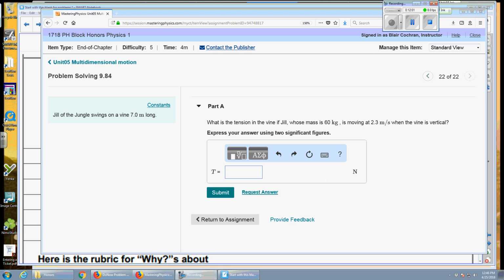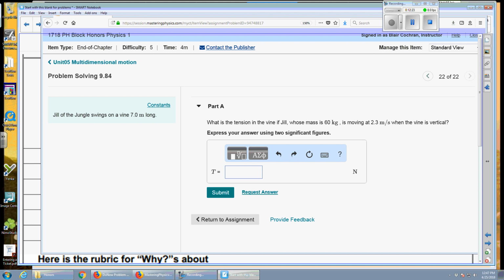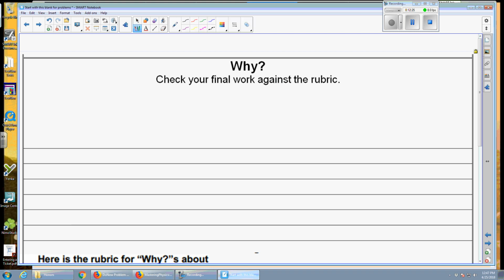Alright, so we've got Jill of the jungle swinging on a vine that is 7 meters long. Now I'm assuming that she's swinging like the vine is above her. So, what is the tension of the vine, if Jill, whose mass is this, is moving at this speed when the vine is vertical? So I'm assuming she's at the bottom and the vine is above her. So again, this will be a forces problem but with other concepts.